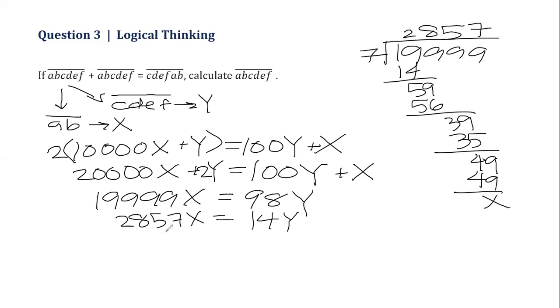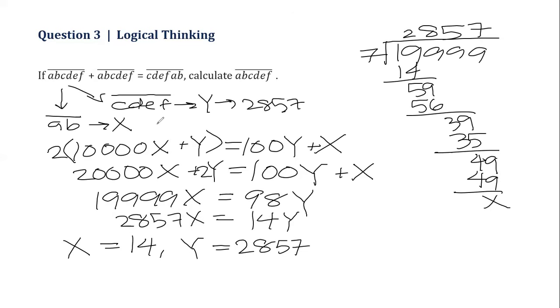Since we know that X and big Y are positive integers, the only solution for this equation is if X is equal to 14 and Y is equal to 2,857. So we go back here. This is 142,857 and this is 14. So now we have our answer.